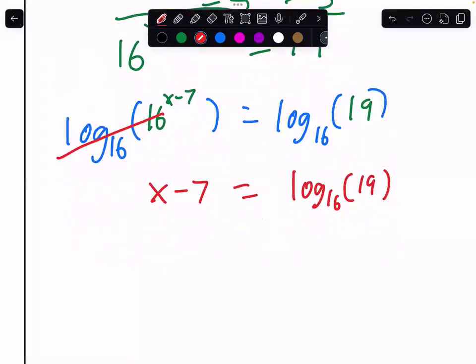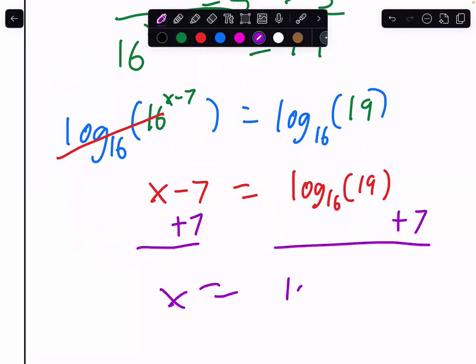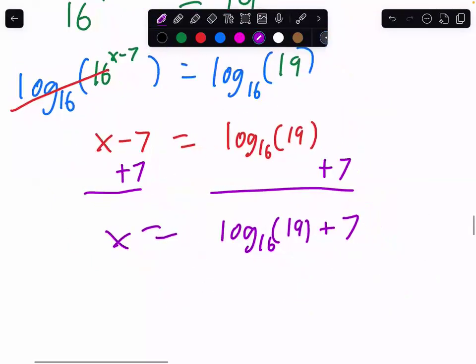It's got a -7, so we add 7 to both sides of the equation. Make sure you see the +7 does not go into the argument of 19. It goes afterwards. So when you type this into your calculator, you want to make sure you close the log parentheses before you do the +7.